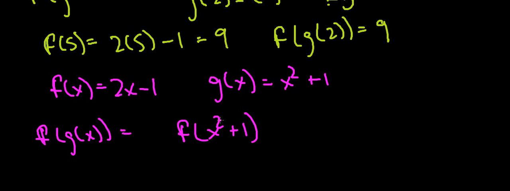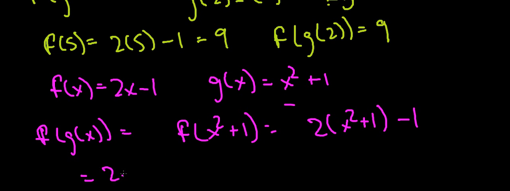So what is f of x squared plus 1? This is equal to 2 times x squared plus 1 minus 1. And this is equal to 2 times x squared, which is 2x squared, 2 times 1, which is 2, minus 1, so plus 1.